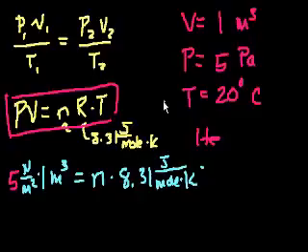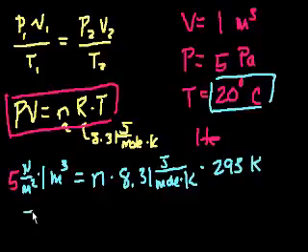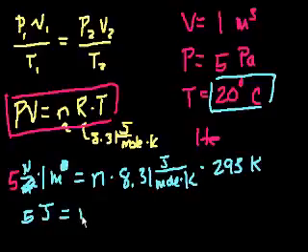And remember, I can't repeat this enough, always convert the temperature to Kelvin. So whatever our Celsius temperature is, add 273, and you get 293 Kelvin. So I get 5 times 1, and meters squared, meters cubed. This just becomes a meter. Newton meters, joules. 5 joules is equal to N moles times 8.31 joules per mole Kelvin.